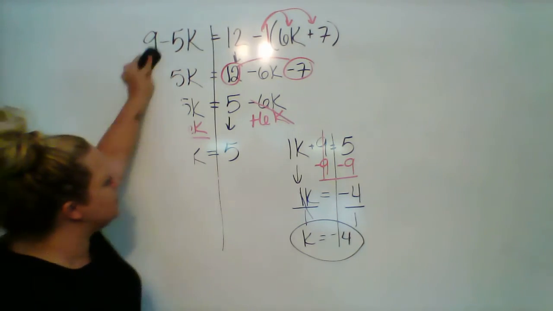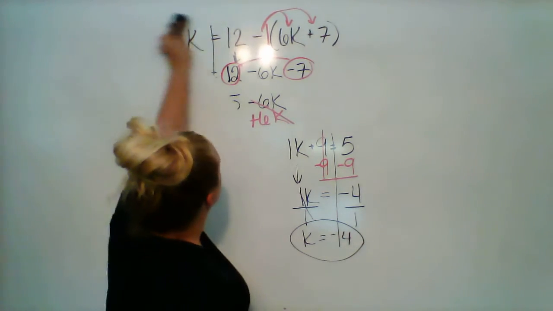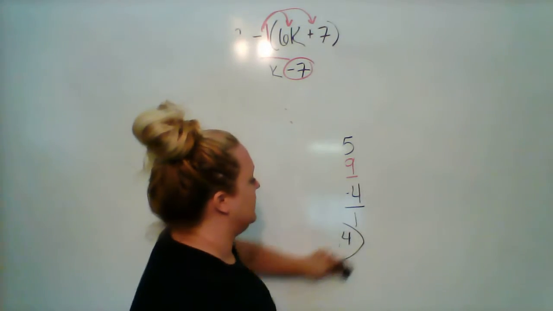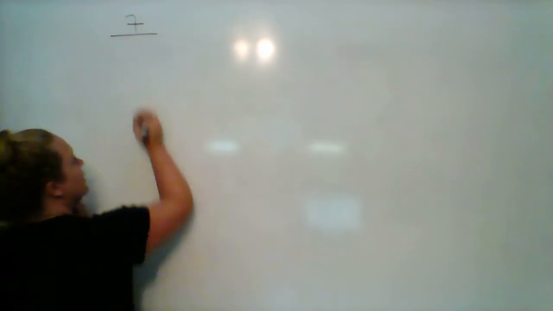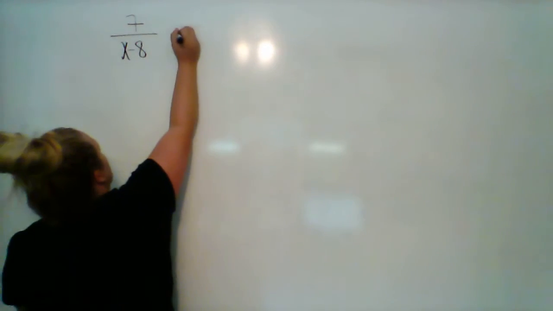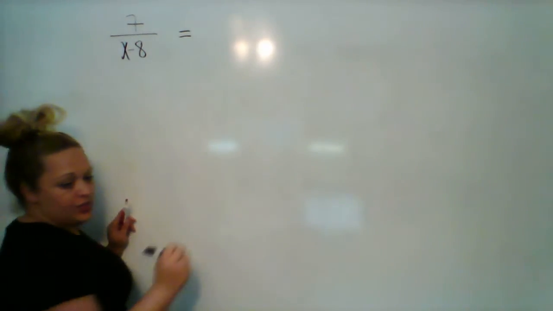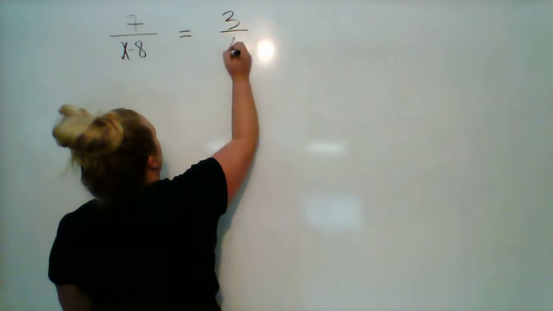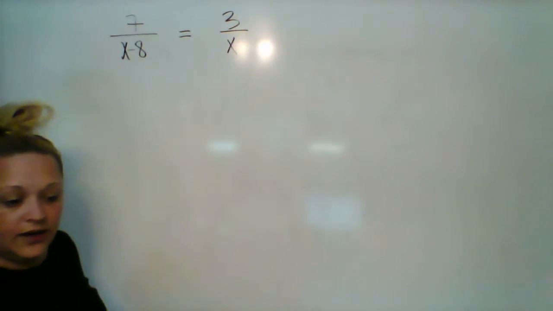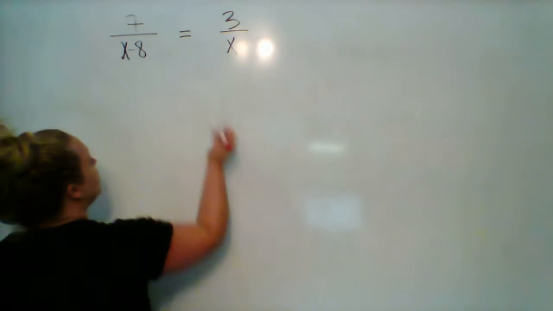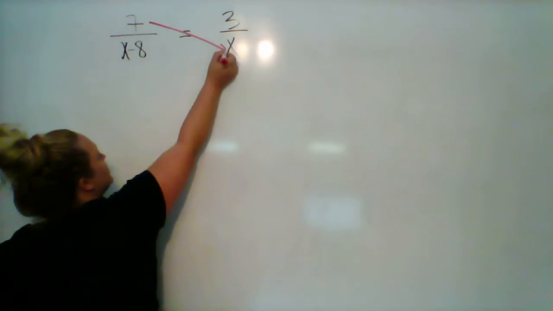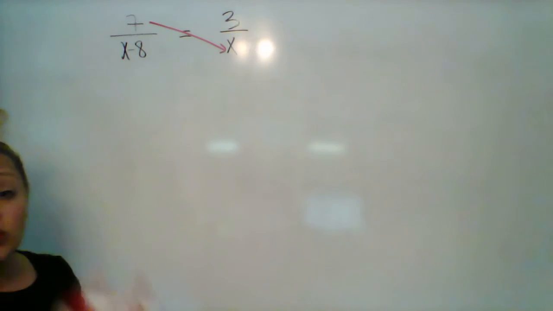All right, let's go on to 5. 5 is a proportion, which we learned in middle school, but we're doing it again because now we're going to add some equations to it. All right, so let's go ahead and write it. We have 7 divided by x minus 8 is equal to 3 divided by x. I'm sorry, I said K, it's x. With your colored pencil, draw an arrow from this numerator to this denominator. And then we're going to write it.